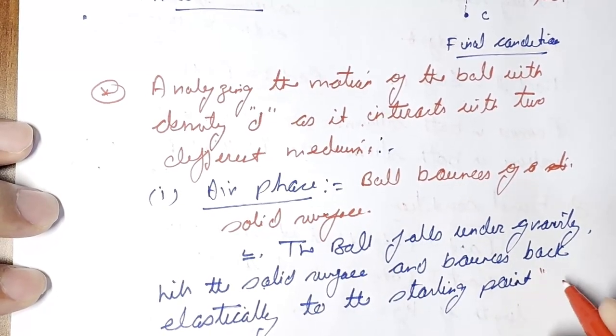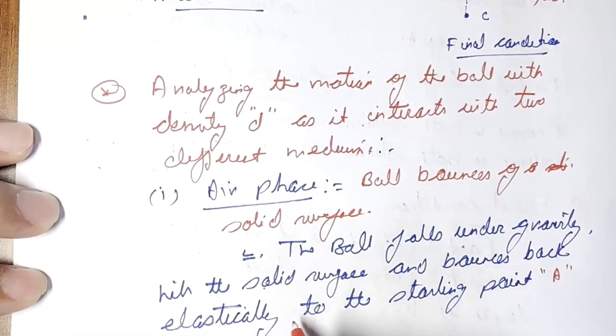The starting point is A, and it bounces elastically from point B.